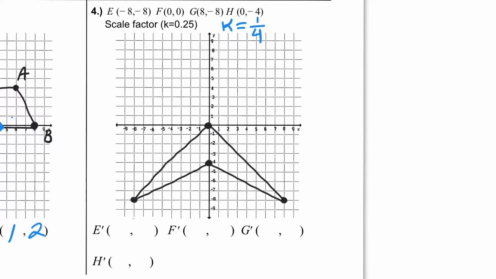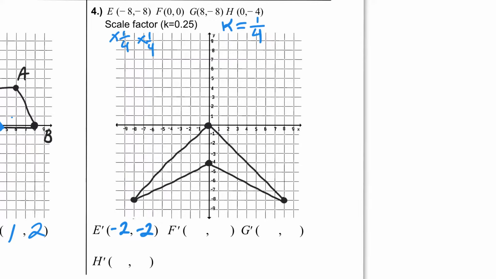So for number 4, let's start with E. To find E prime, we're going to multiply both of those by 1/4. Now, multiplying by 1/4 is the same as dividing by 4. So -8 divided by 4, or times 1/4, is -2. So we're going to get the point -2, -2.